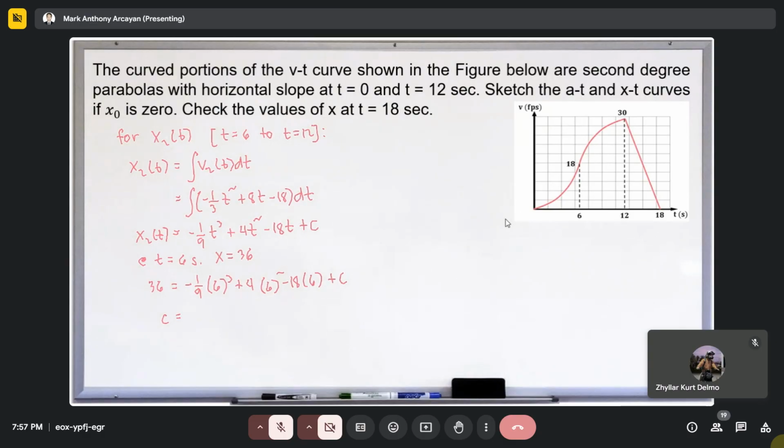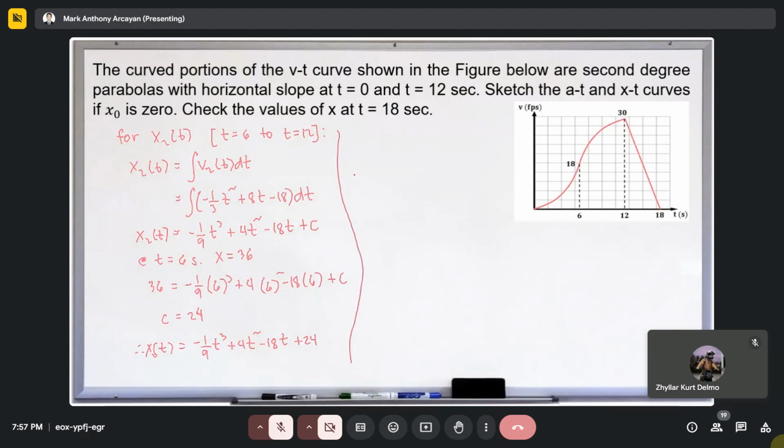Shift solve. The value of c is 24. Therefore, our second displacement x sub 2 of t is equal to negative 1 over 9 t cubed plus 4t squared minus 18t plus 24.